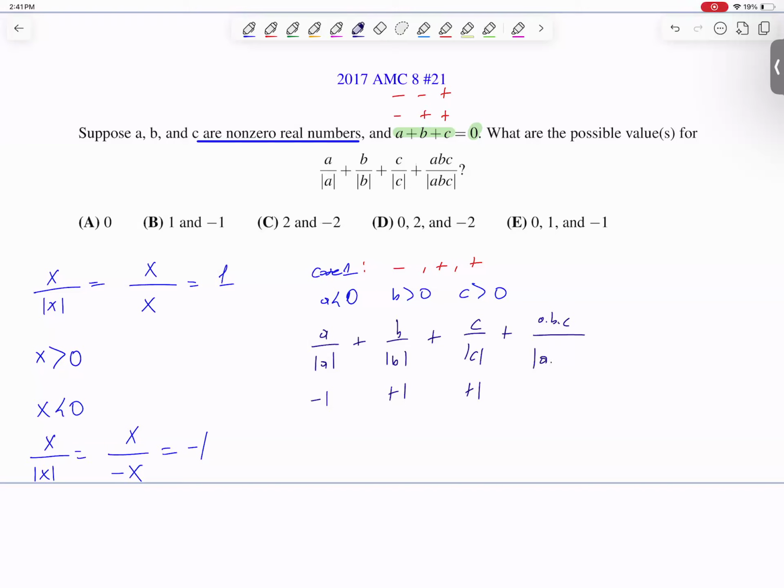Then divided by absolute value of A times B times C will be negative 1. Overall, if we add them up, we get 0 in the first case.